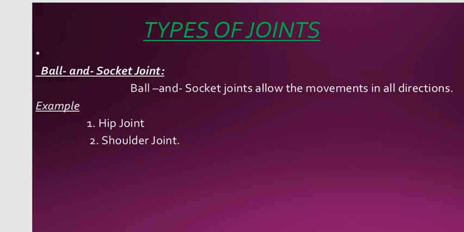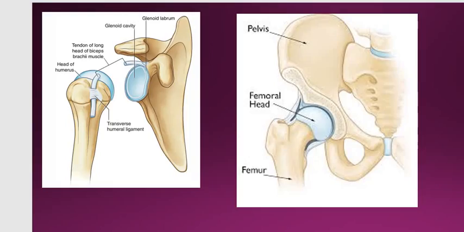Now, the second type is the ball and socket joint. It consists of a ball structure and a socket structure, giving us movement in all directions. The classical examples of ball and socket joints are the hip joint and the shoulder joint.